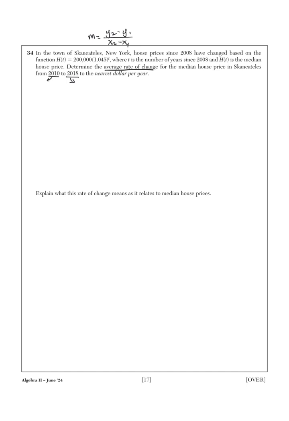Okay, so in number 34, they're asking you to determine the average rate of change, which is the same as the slope. So here's the slope formula, but they want it from 2010 to 2018. All right. So you have to reread the question, and you will see that the question says that the house prices since 2008 have changed based upon that function.